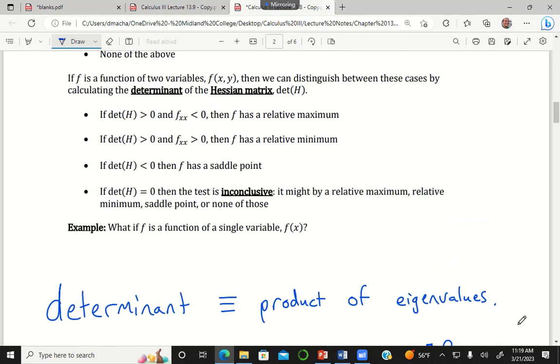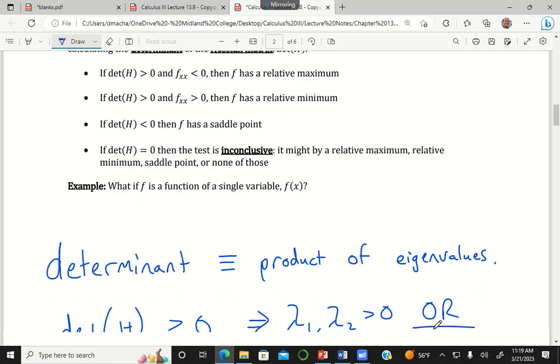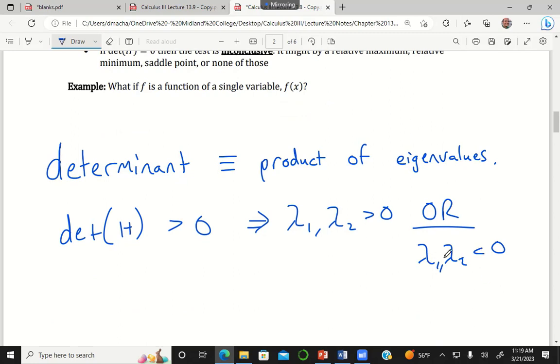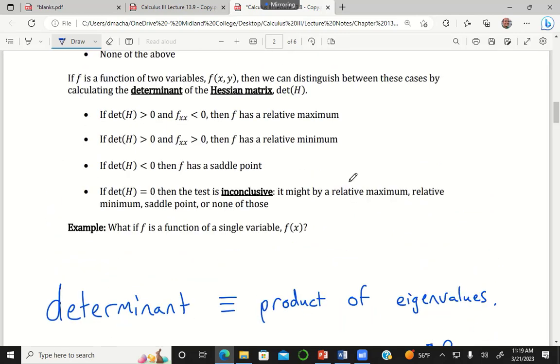So that's why if the determinant is positive, then you could have a relative maximum or a relative minimum. If the second partial derivative is negative, that means that both of your eigenvalues are negative. So that means you're looking at a concave down function, and that means you have a relative maximum.